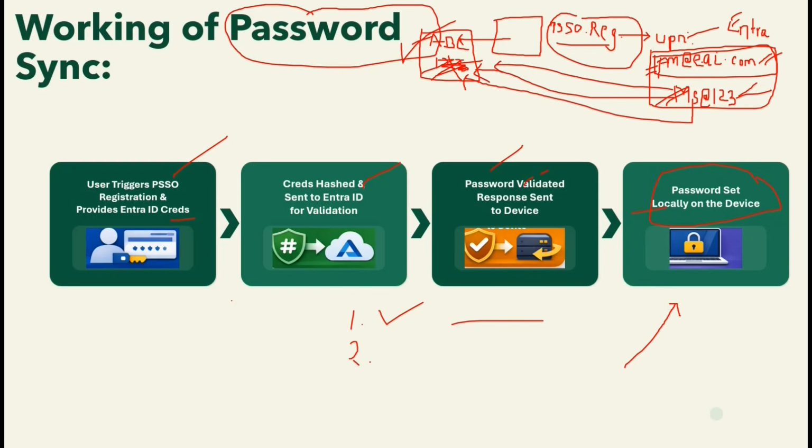And now you need to remember only 1 password, and that is the password of the UPN. Okay. So again, this slide is just talking about how this happens in the background when the user is doing the PSSO registration.